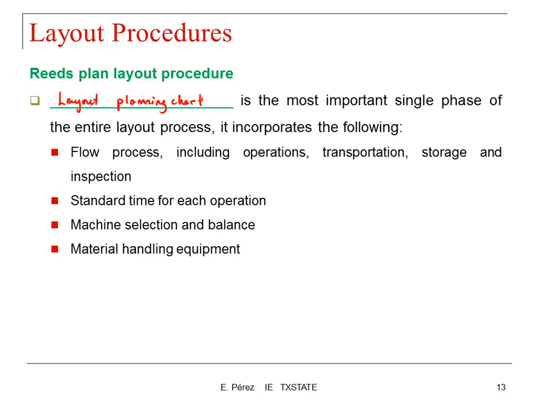This chart incorporates the following information: flow process, including the operation, transportation, storage, and inspection of the products, the standard time for each operation, the machine selection and balance, and the material handling equipment.